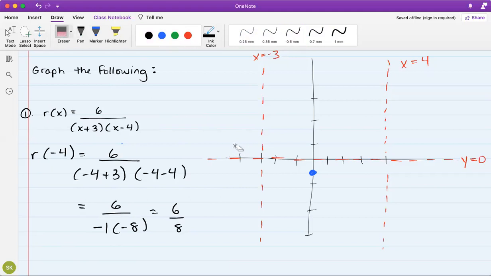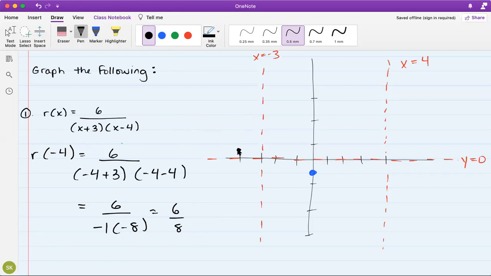So what that tells me is 6 over 8 is bigger than 0. So that's above this y is equal to 0 line. So it's somewhere like right here. So at -4, we get the point -4, 6 over 8. 6 over 8 is a little bit smaller than 1.